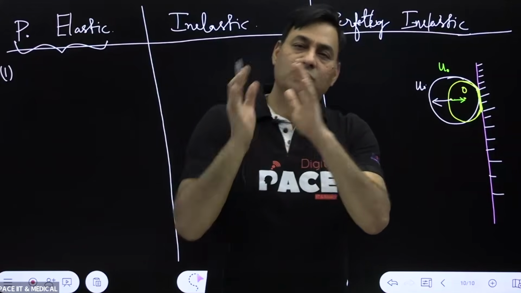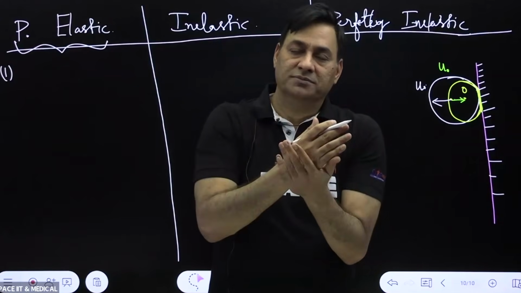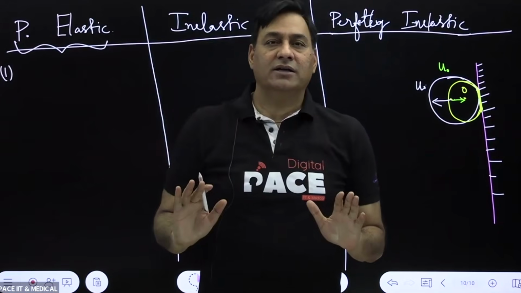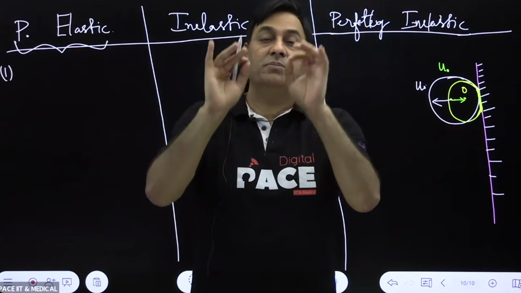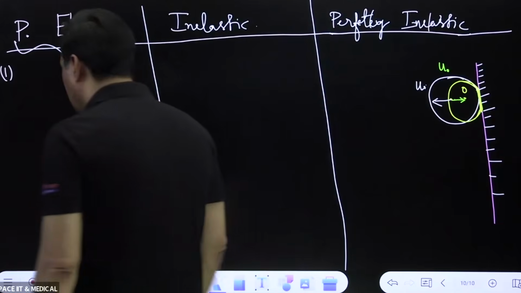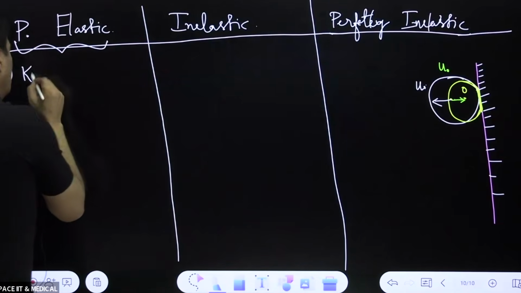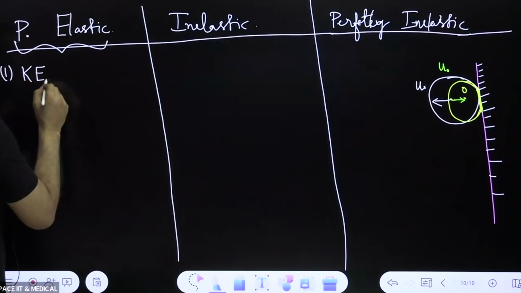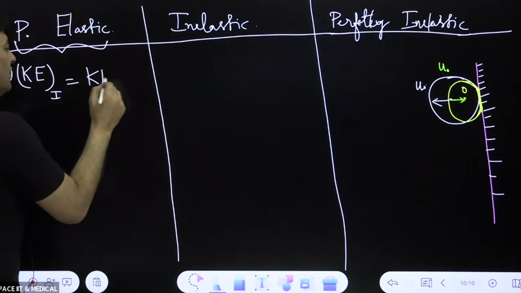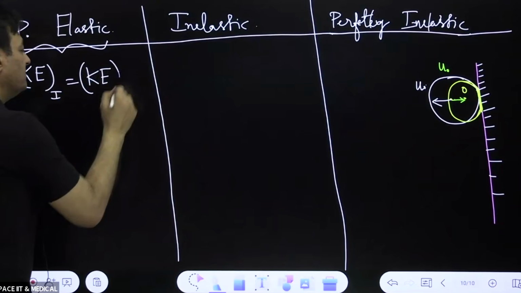Kinetic energy got converted to some other form during the collision. If that kinetic energy is gained back completely, then that collision is called perfectly elastic collision. So perfectly elastic, kinetic energy initial should be equal to kinetic energy final of the whole system.